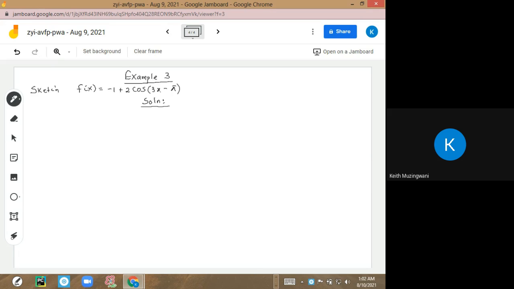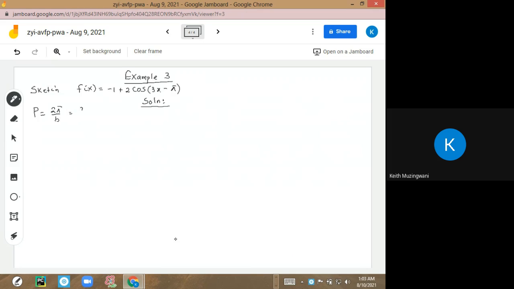So what's the period here? For the graph of cos and sine, they share the same properties. So it is still 2 pi over b, and b is at the same position just like it was in sine.